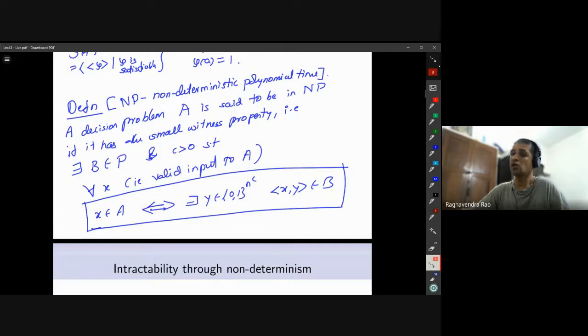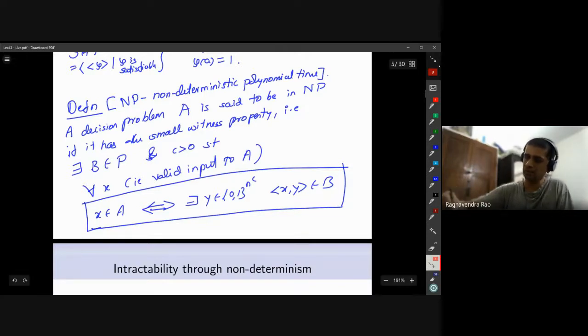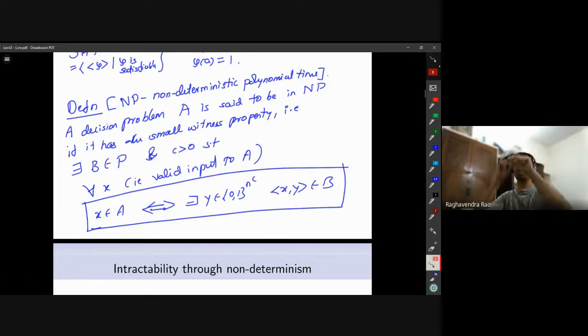So describing acceptance is saying there exists a path, and you can represent a path as a string based on the choices: for the first node I take the first outgoing edge, for the second node the second, and so on. So saying there exists a path is equivalent to saying there exists a witness. In an NFA, acceptance is described by a walk, that is, a run of the automaton.